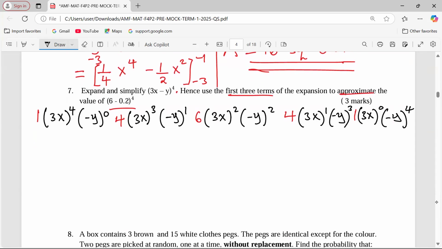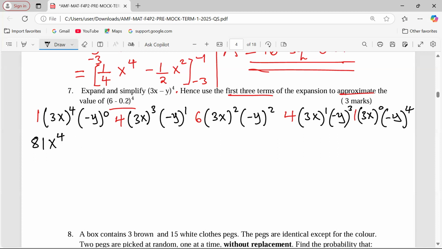Then now we can expand. When we start expanding, in the first term, we will get (3x)^4. That becomes 81x^4. Remember, negative y power 0 becomes 1. So everything is just 81x^4.